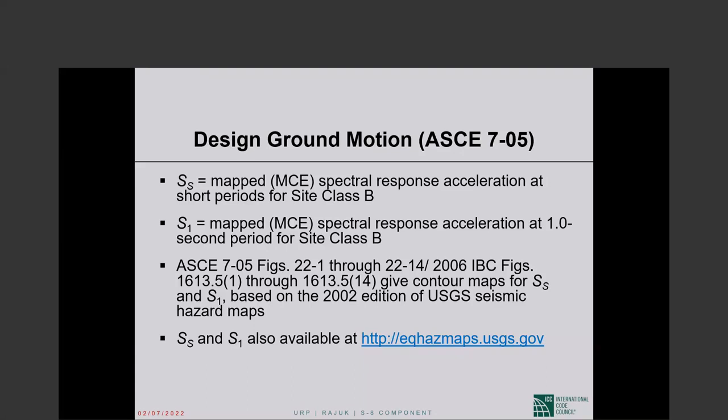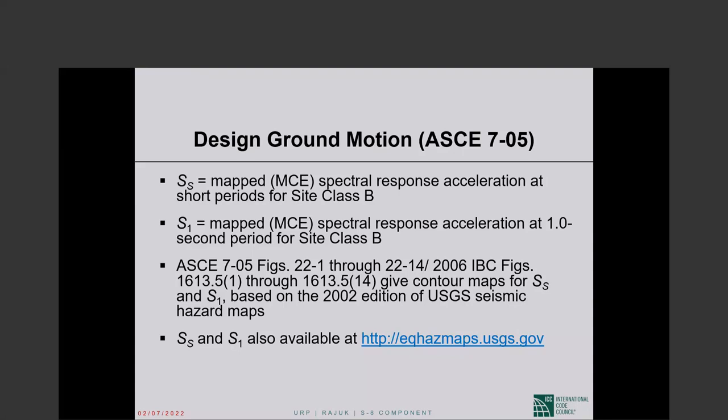Spectral response acceleration, which I said is directly related to base shear at short periods, does not say specifically at 0.2 second period, but that's what it amounts to. Whenever you see at short periods, it is specifically at a period of 0.2 second. There is a reason why the language is this way, but I won't go there.